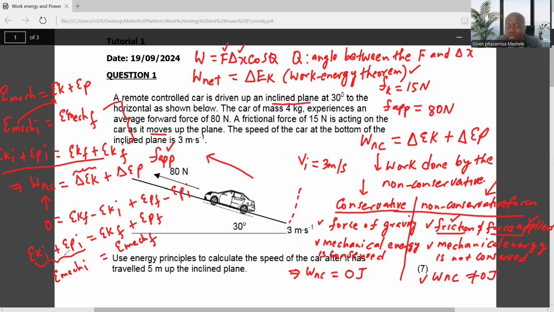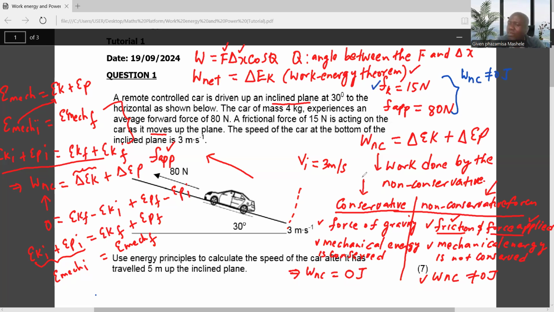Which means from this question, since there is frictional force and since there is force applied, these are examples of non-conservative forces. Then we'll conclude by saying the work done by the non-conservative force is not 0.